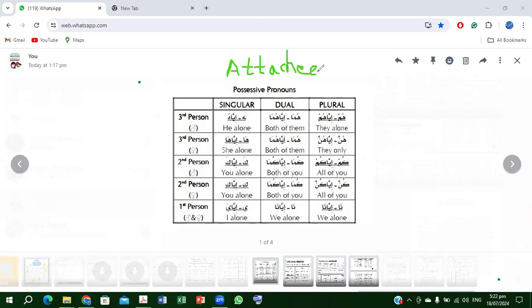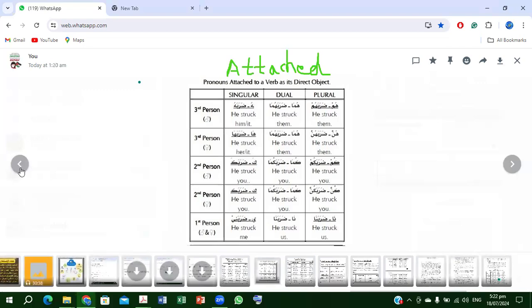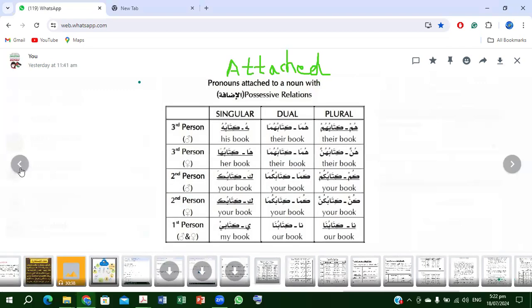In attached pronouns, when they are attached to a noun, okay, sorry, let me go to the previous. Now you tell me what is written there, Michelle? Pronouns attached to a noun with possessive relations. Okay.